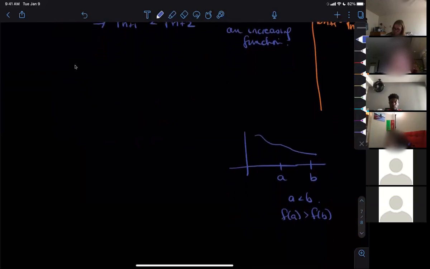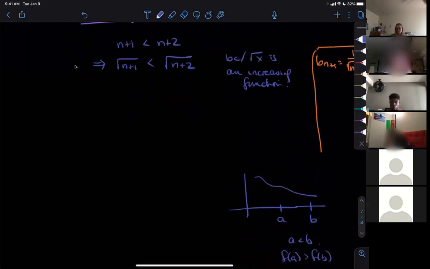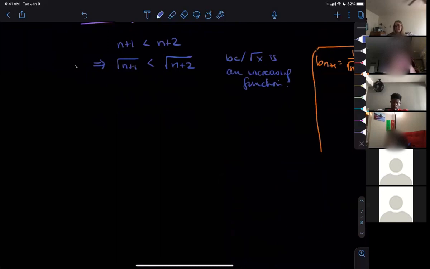So it's not always true that if a is less than b, then f of a is less than f of b. It doesn't mean that you can apply any function that you want and the inequality still works. It's only true because in this special case, the function is increasing.